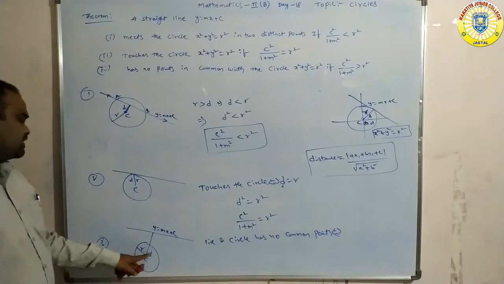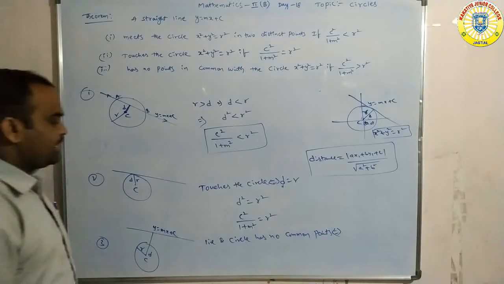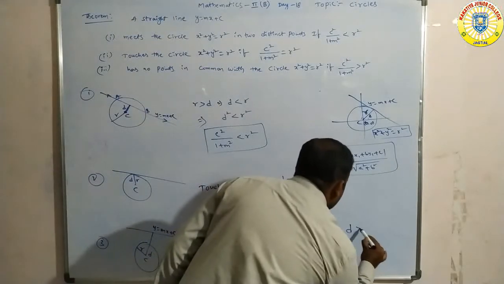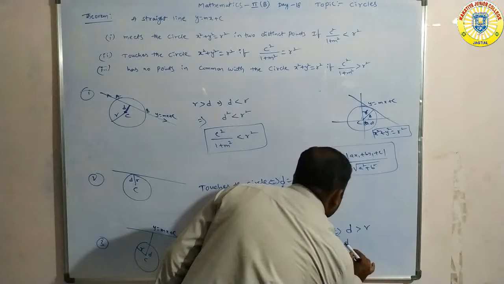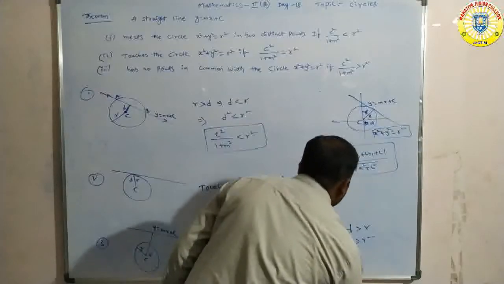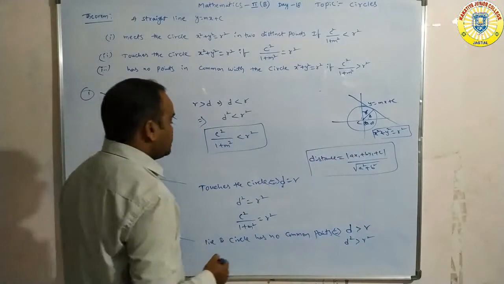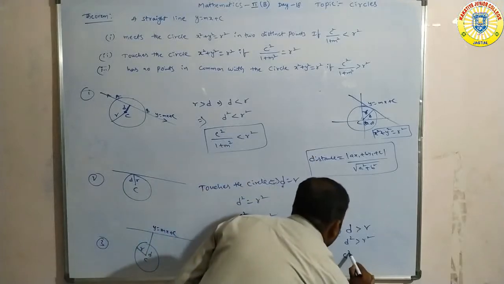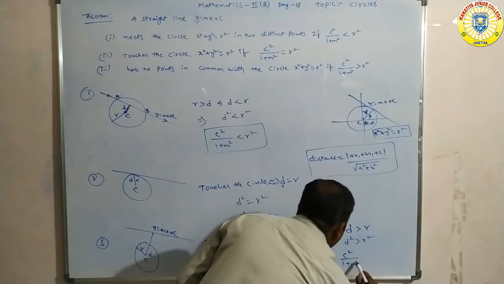Here D is the greatest value. That implies D greater than r, so D square greater than r square. What is the D square value? c square / (1 + m square) is greater than r square.